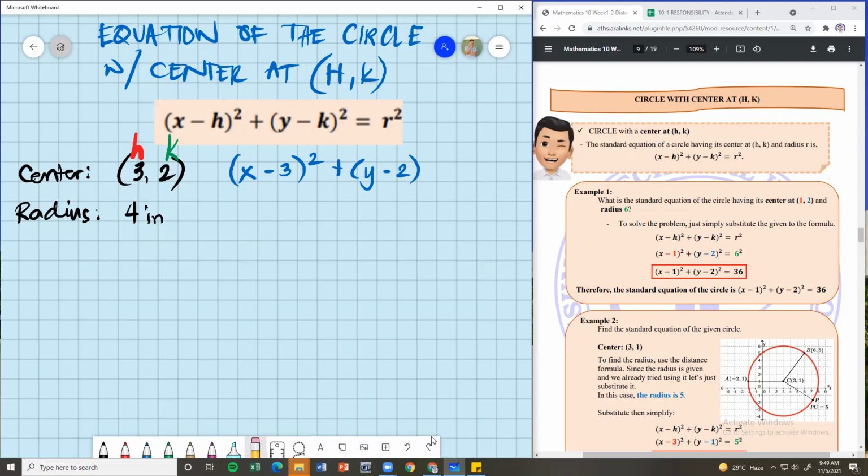Okay, I hope you can follow. This is 3. And this is 2. No problem with the signs. They never change because they are both positive. Walang problema kapag positive yung mga signs.